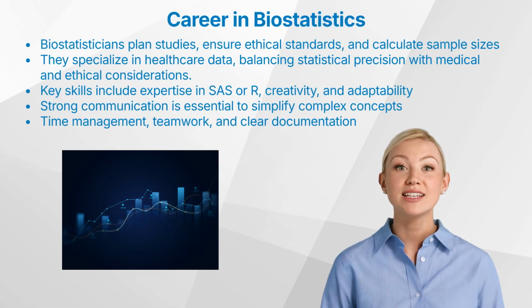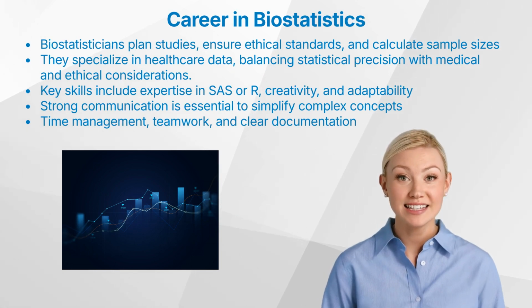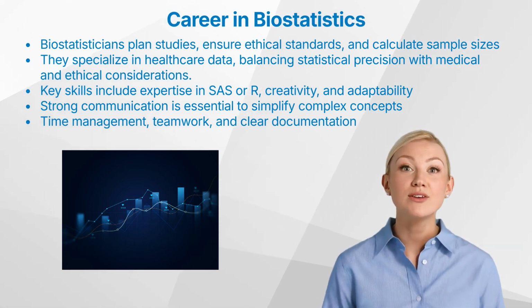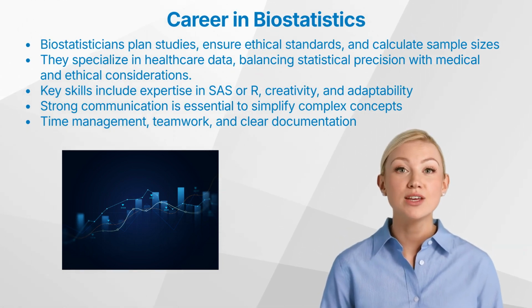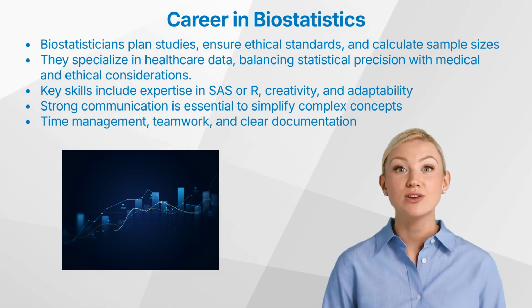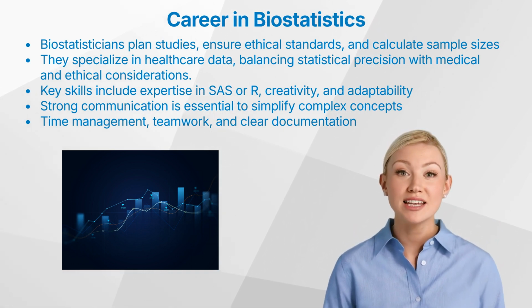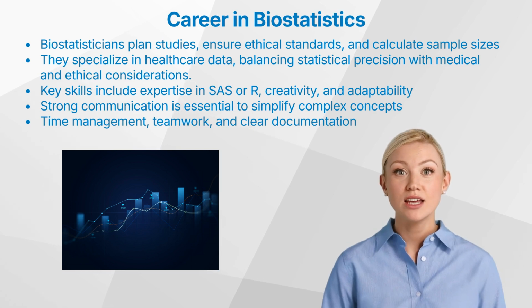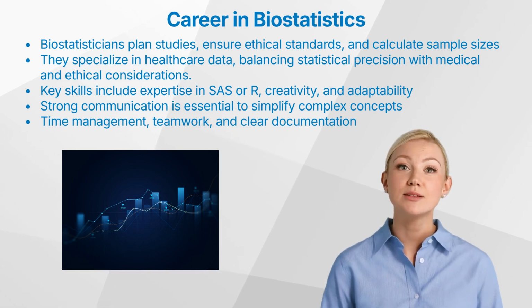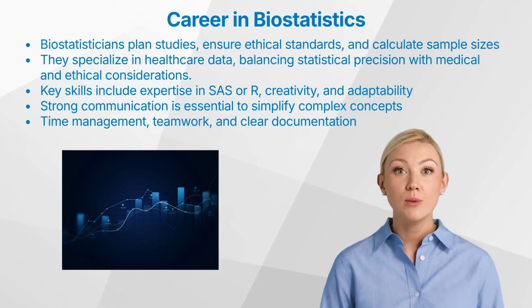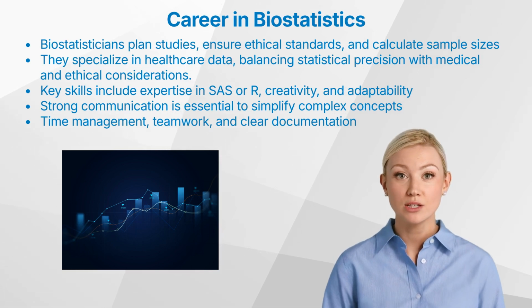The role of a biostatistician goes far beyond analyzing numbers. A significant part of their work involves planning and organizing studies to meet regulatory and ethical standards. For example, they calculate the ideal sample size for clinical trials, ensuring the study includes enough participants for statistical validity while limiting patient exposure as much as possible.